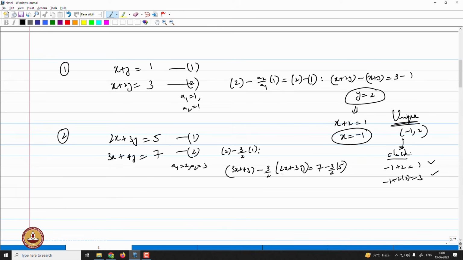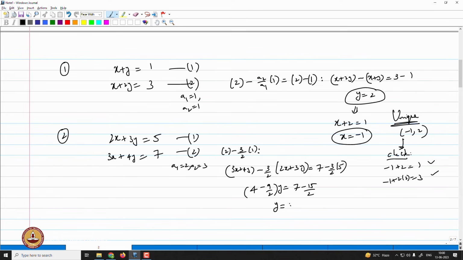So if you do this, 3x will cancel. I'm going to get 4 minus 9 by 2 times y equals 7 minus 15 by 2. If you solve this, I'm doing it very quickly, 4 minus 9 by 2 is minus 1 by 2, 7 minus 15 by 2 is also minus 1 by 2.